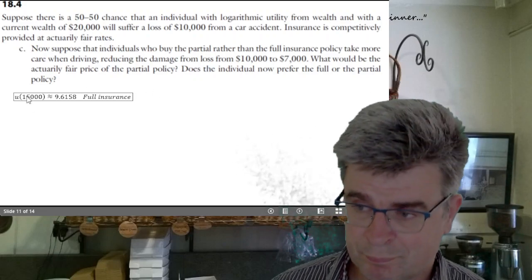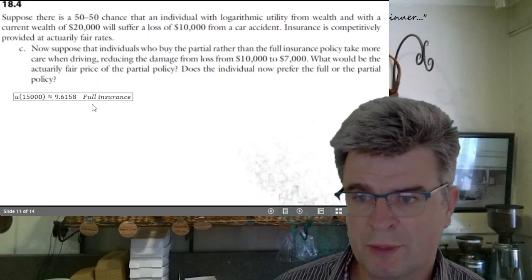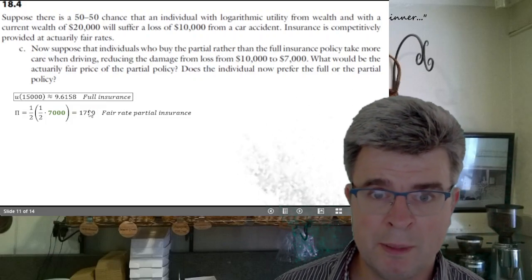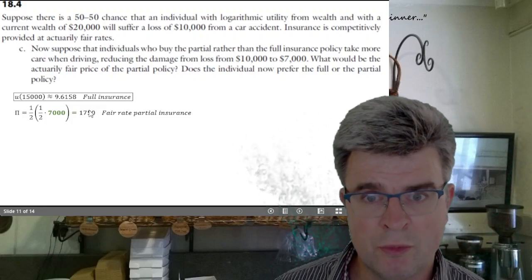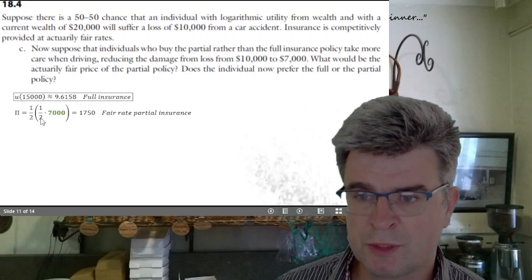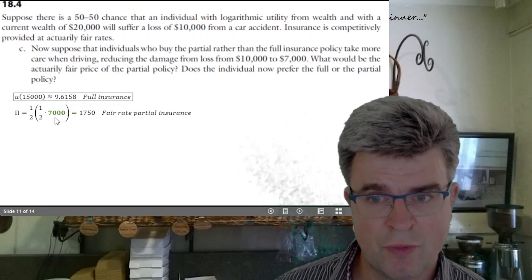Again, I post the utility from full insurance here, and in this case, like in question A and B, we start with computing the fair premium. The loss to which the individual is exposed is 7,000.